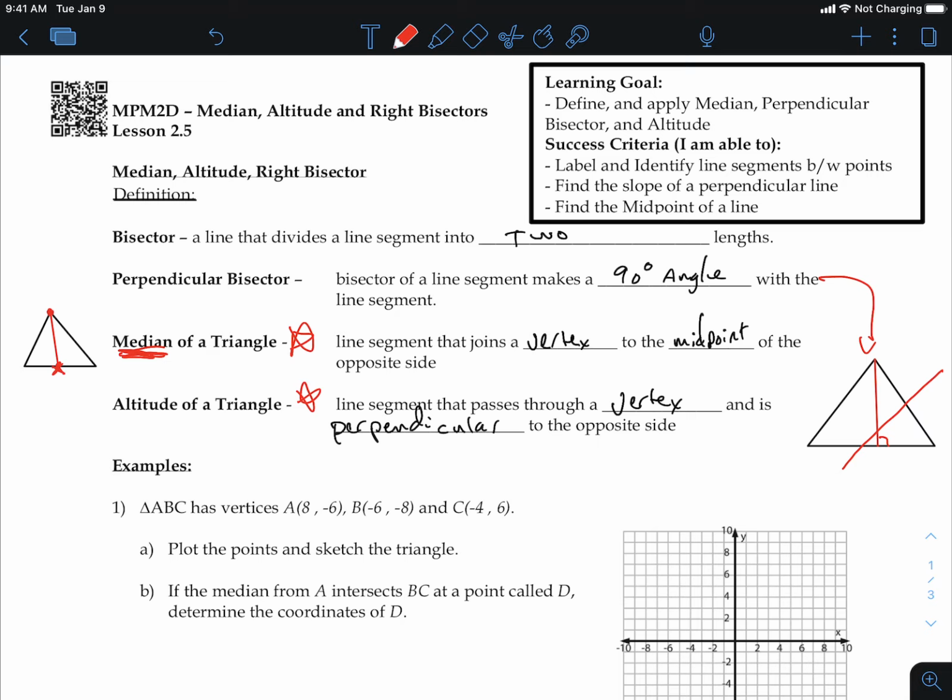It intersects the side length at a 90-degree angle. I think the altitude of the triangle has to go through the vertex, but a perpendicular bisector doesn't have to. There has to be differentiation between the two somehow. I think that's the differentiation, I'll look into it: whether or not it goes through a vertex. You look into it, you let me know.